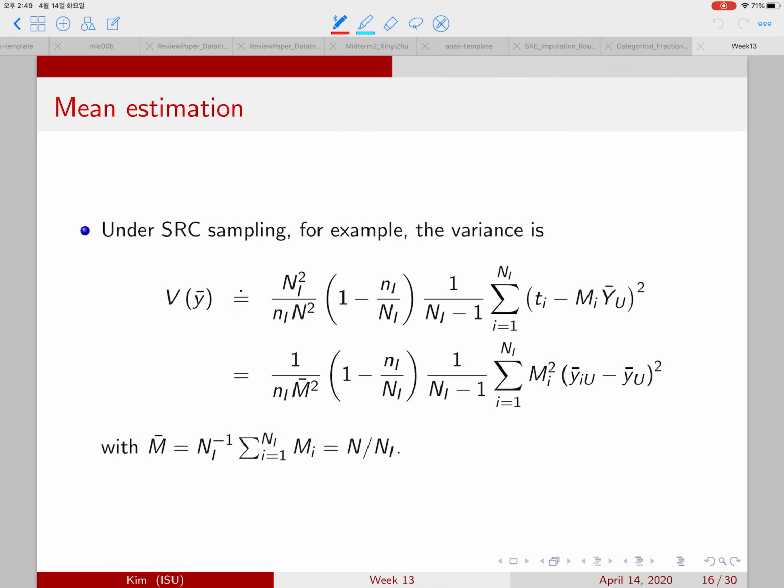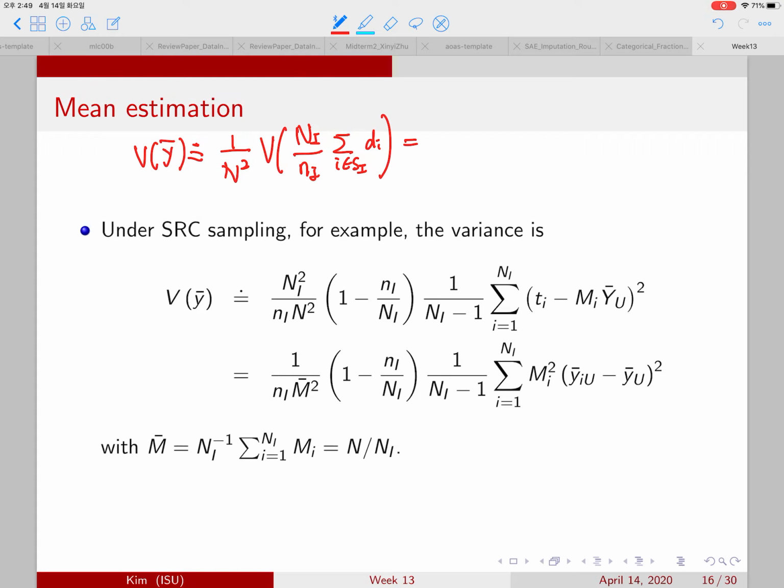So my point is that the variance of the y bar is 1 over n squared times the variance of the summation over i of di.